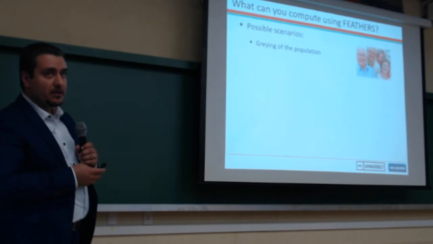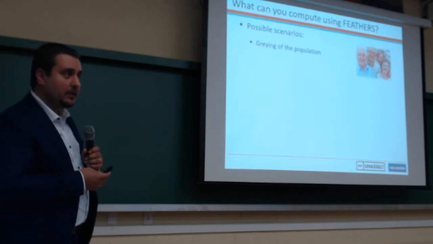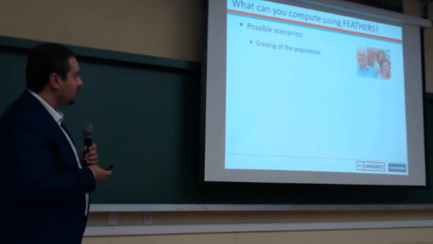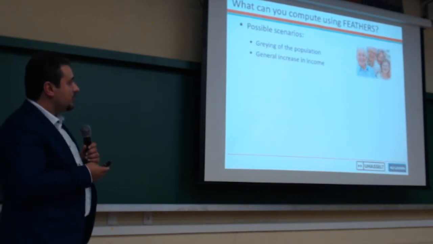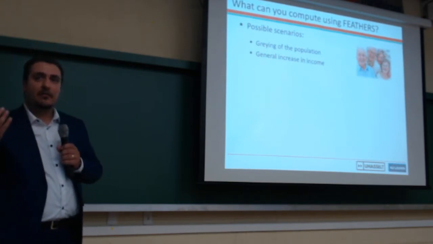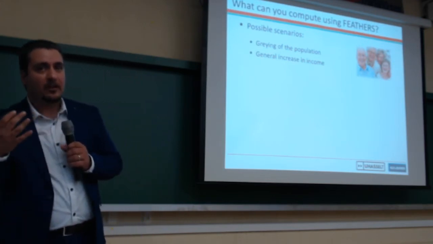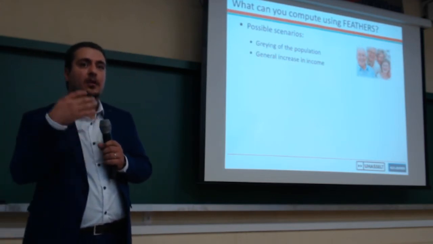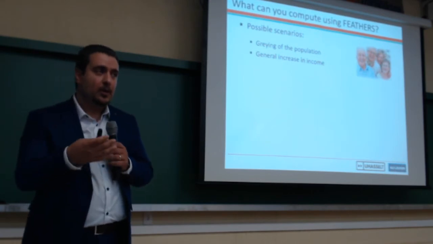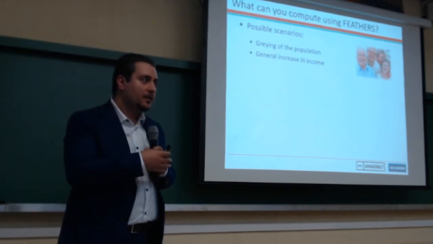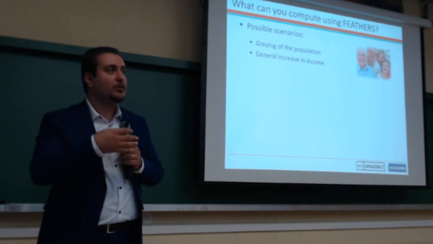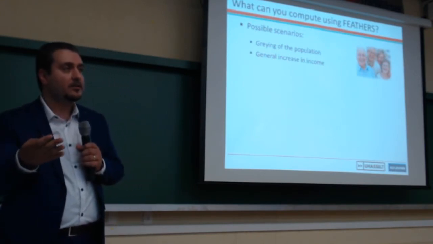Growing older population is one of the things that we already discussed, so that's one possible scenario. General increase in income, because you know that if the household income increases, people tend to buy more private cars, which means that they are inclined to use their private cars even more.